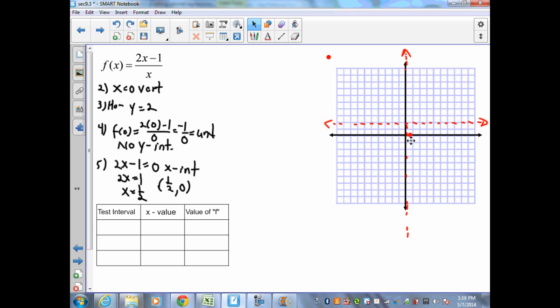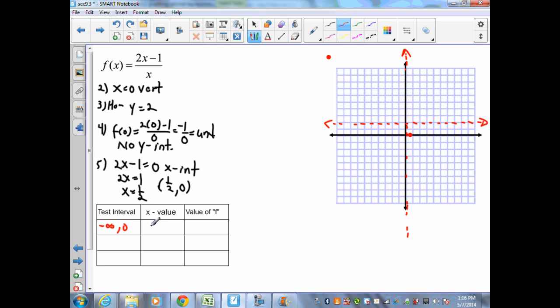Now I need to find values in an interval range, or my test range, from negative infinity to my vertical asymptote of 0. So I need to find 3 values to the left of my vertical asymptote. Somewhere in between negative infinity and 0, I need to find 3 values.